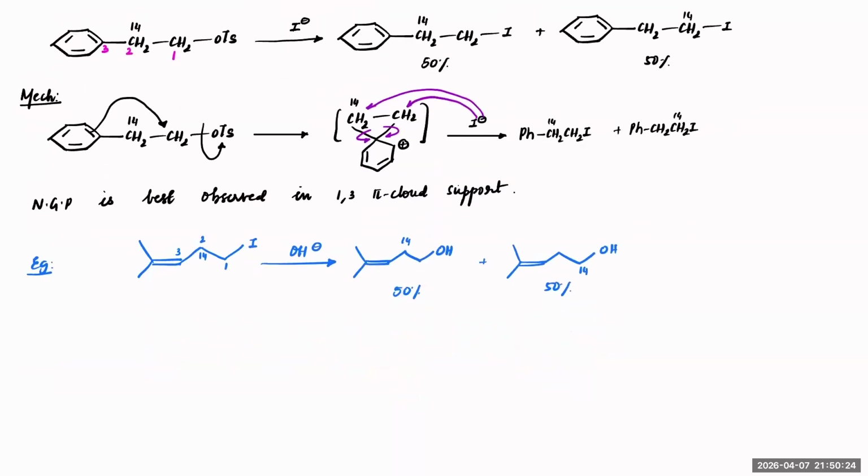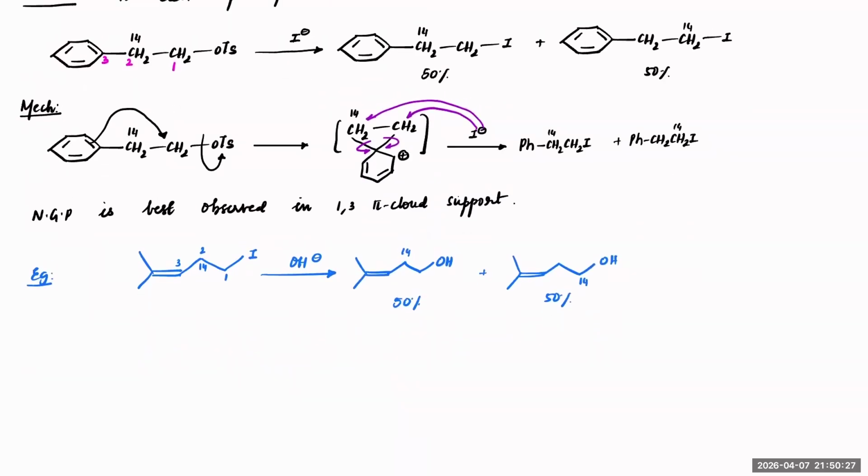And see, when it is making an NGP, internally the pi bond is attacking like a nucleophile, and whenever there is an internal attack, the rate always happens faster.